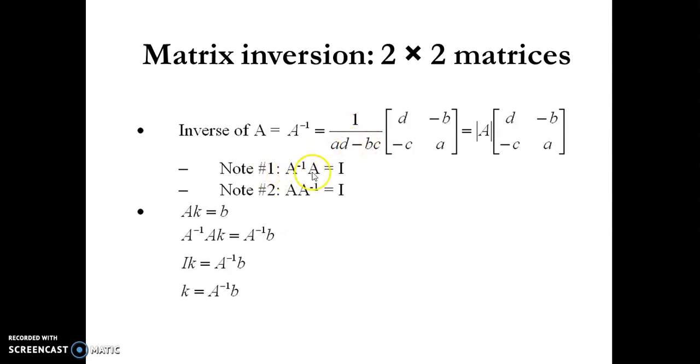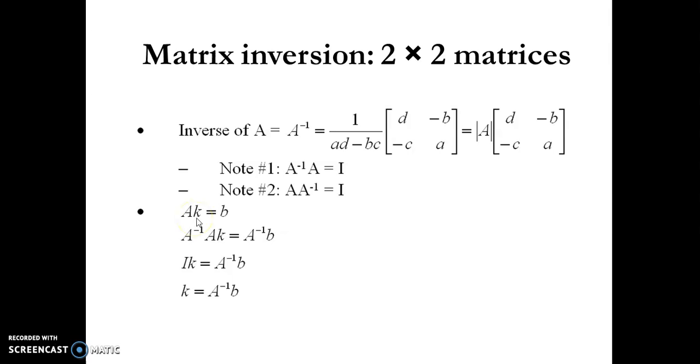Take note that the inverse multiplied by matrix A, or matrix A multiplied by its inverse, gives an identity matrix. In the same way, 3 multiplied by a third would give you the number 1.